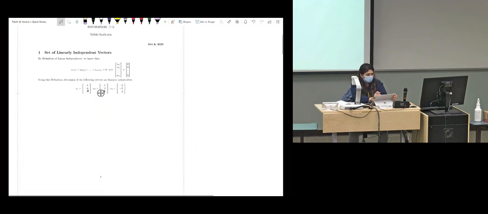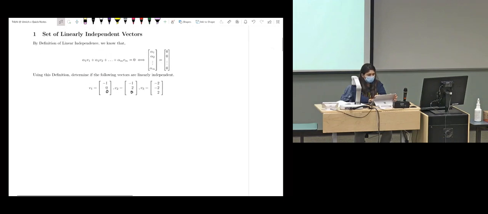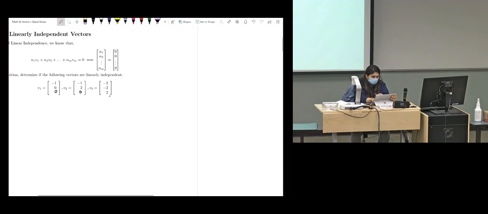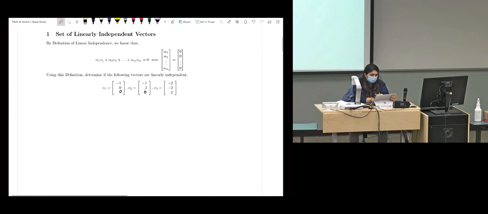Now, our problem is to use this definition and check if this given set of vectors v1, v2, v3 that are in Rn are actually linearly independent.